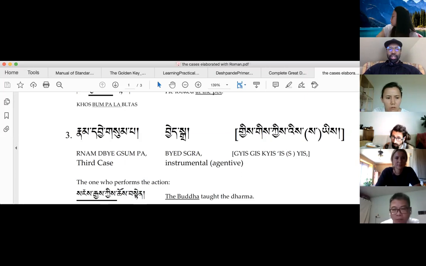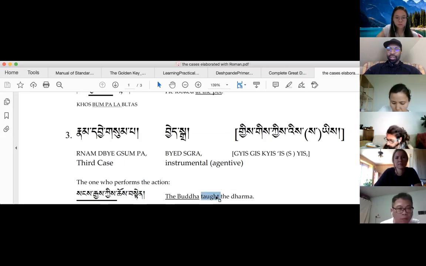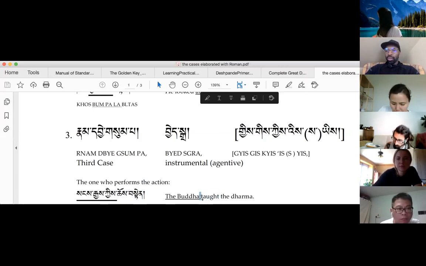So in English, we just say the Buddha taught the Dharma. It's not inflected. We don't say anything after Buddha or change the word Buddha at all to indicate that he's the subject acting in the sentence.